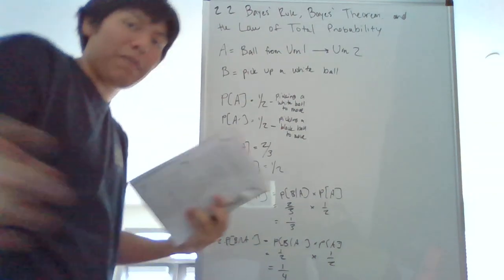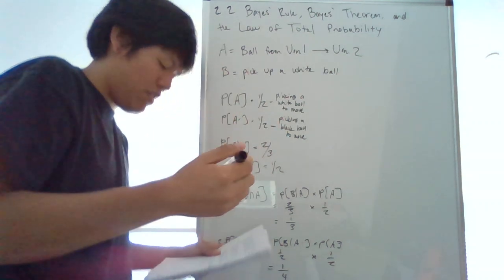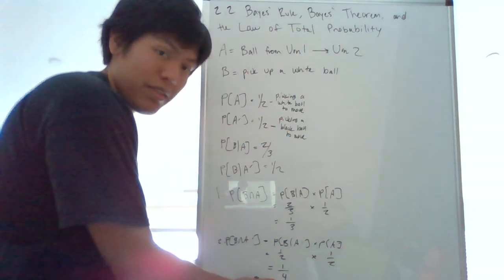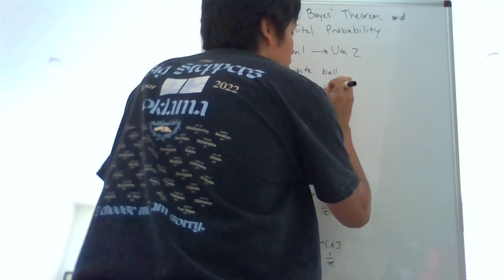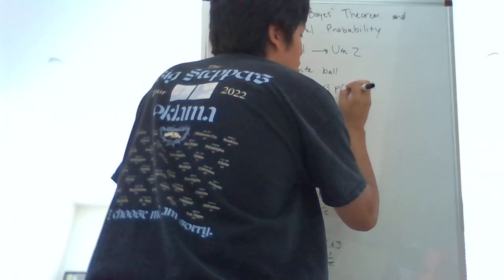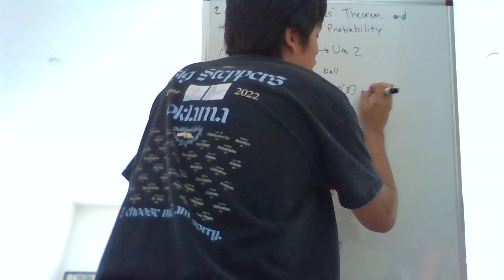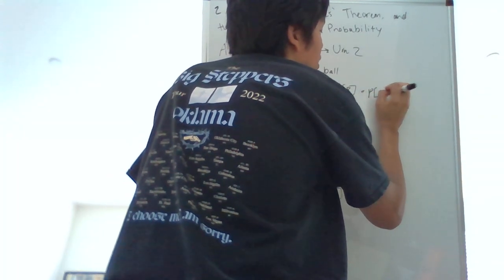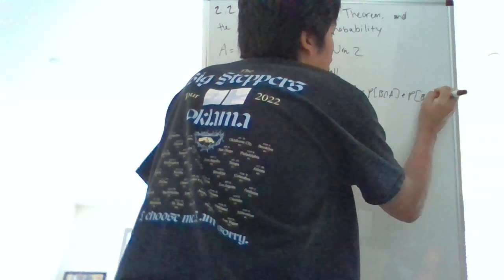Because now we can do step 3, which is we find the total probability of B. To find the probability of B, we add the probability of B intersect A plus the probability of B intersect A complement.